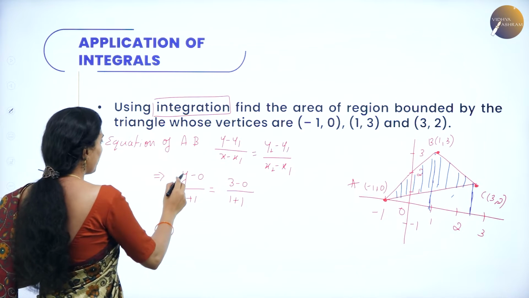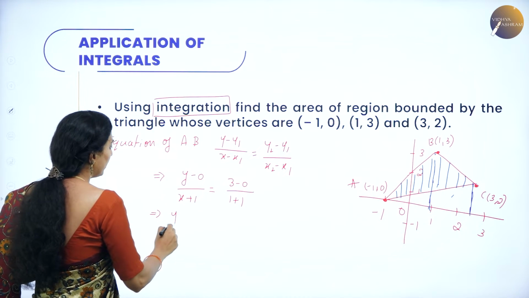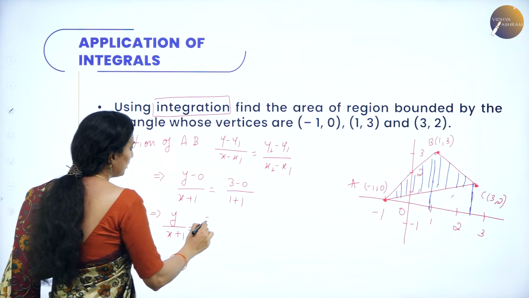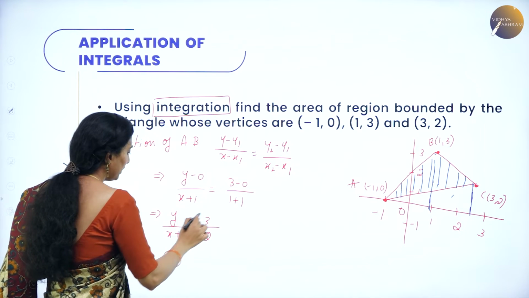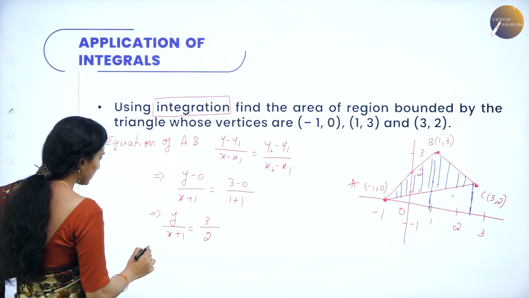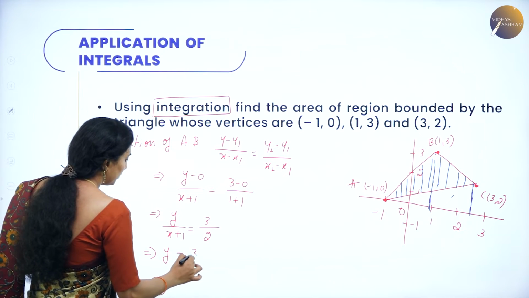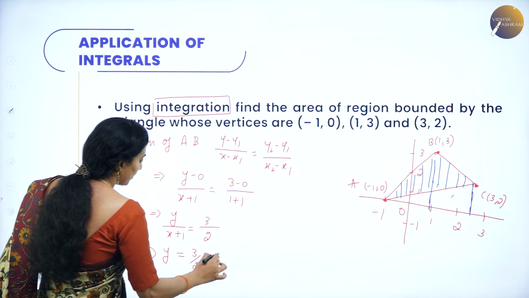So let us solve this equation. y minus 0 is nothing but y, so y divided by x plus 1 is equal to 3 divided by 2. Cross multiply, which implies y is equal to 3 by 2 into x plus 1, correct?